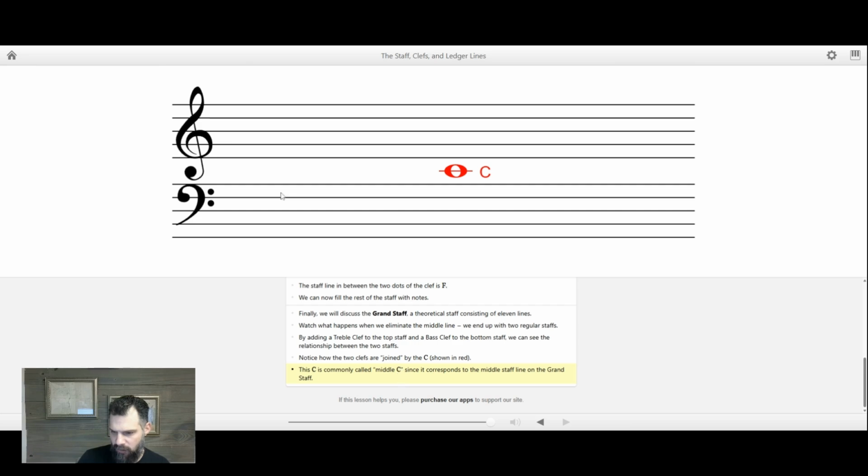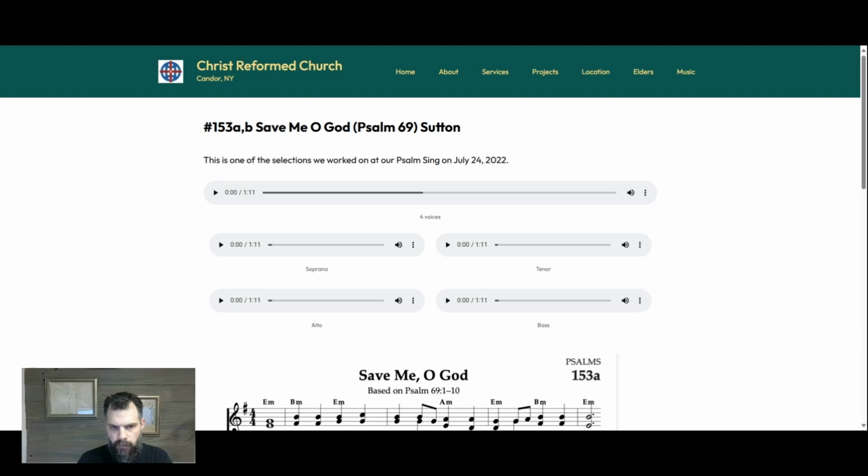Okay, it's the grand staff. And this is usually what we're looking at when we're looking at a piece of music. And so now I will show you that with some examples.